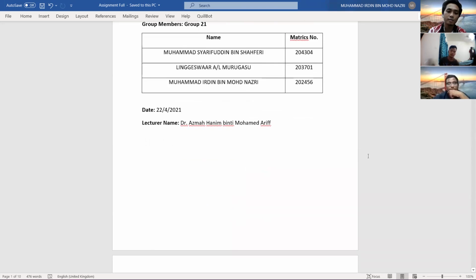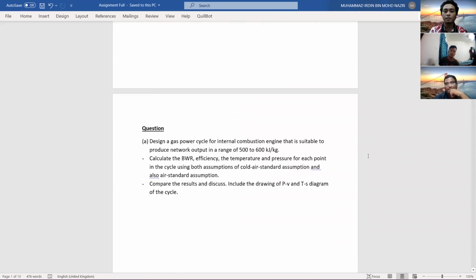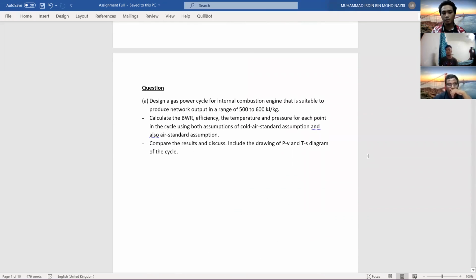So in this assignment, we have this question that we chose, that is to design a gas power cycle for an internal combustion engine that is suitable to produce a net work output in a range of 500 to 600 kilojoule per kilogram. So that is going to be our W net.